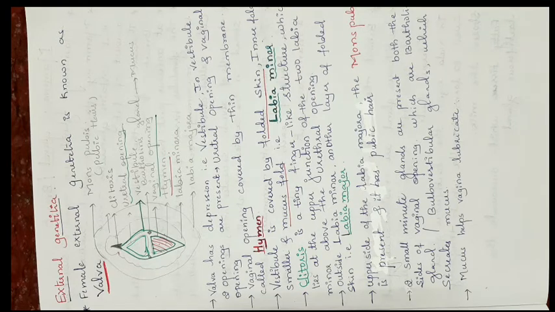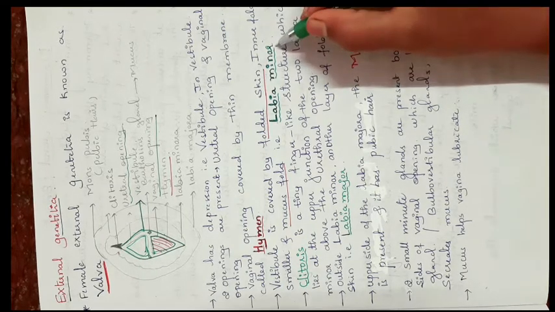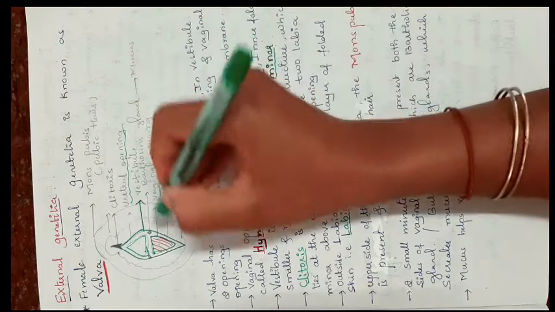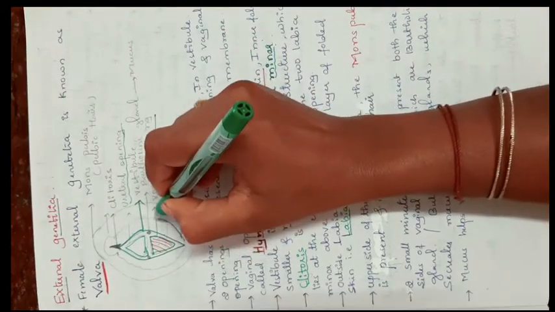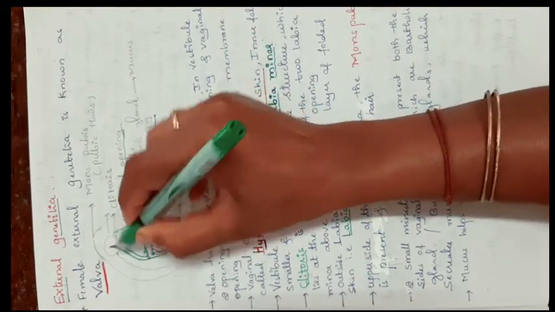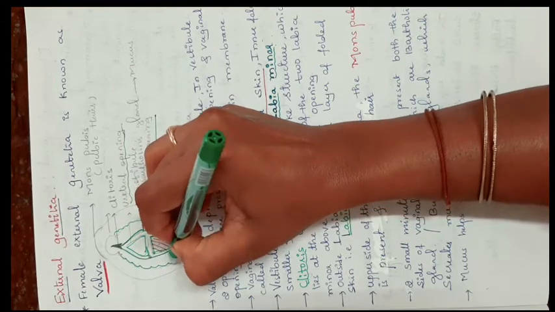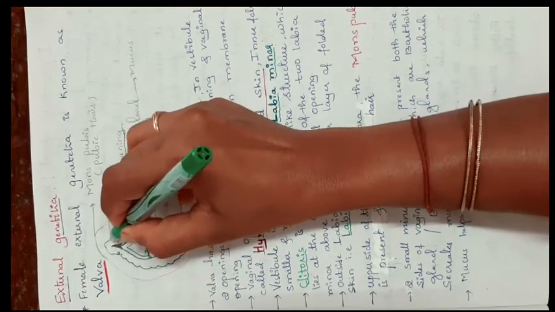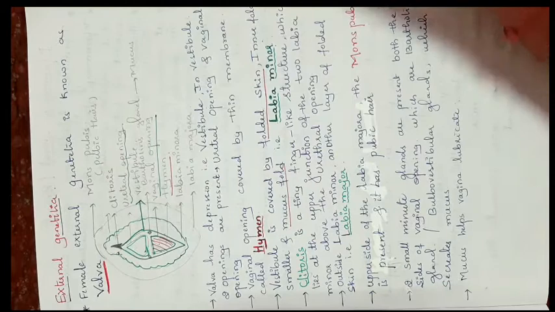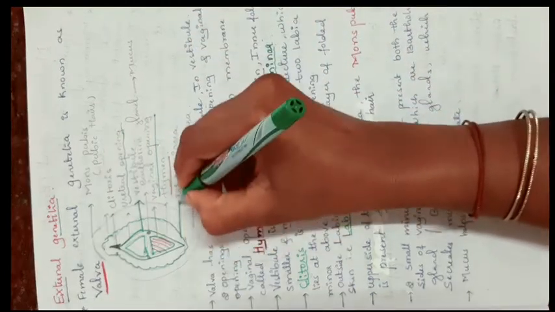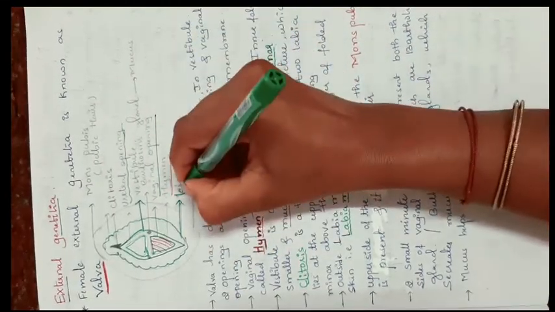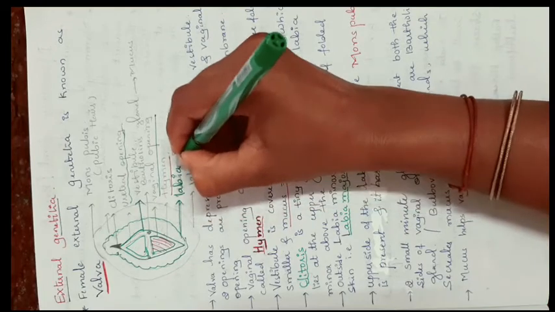That layer is called the labia minora. Remember this: the skin which just surrounds the vestibule, that is mucus producing folded skin, is the labia minora.